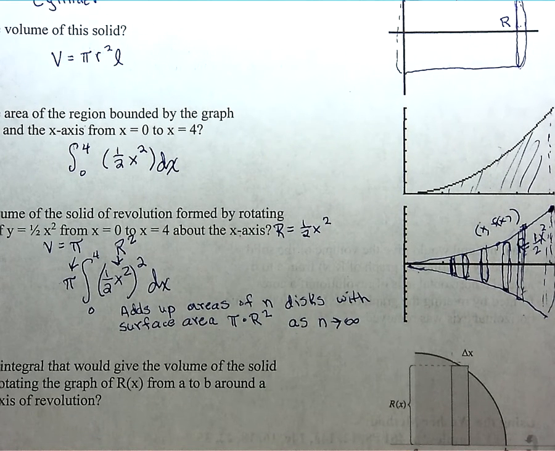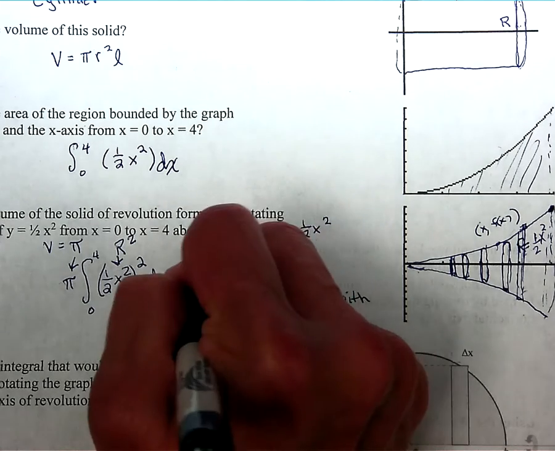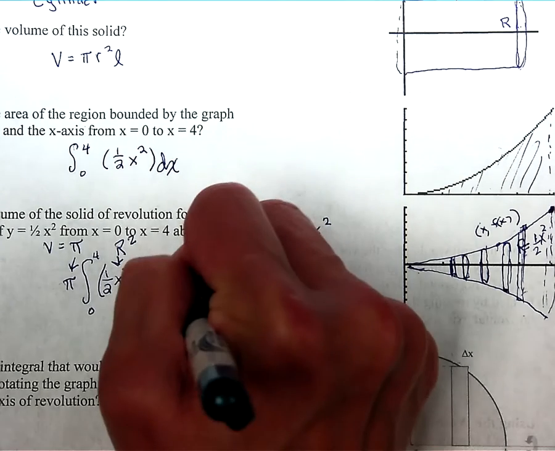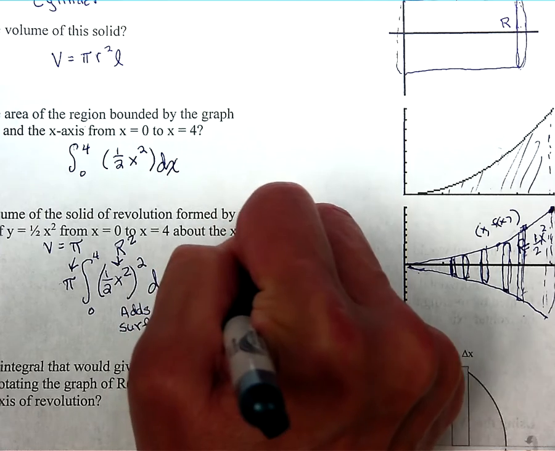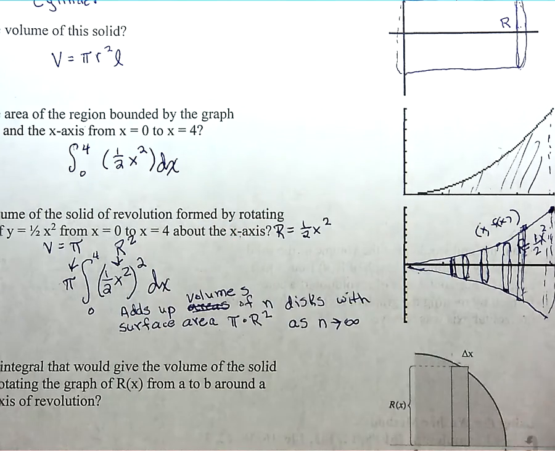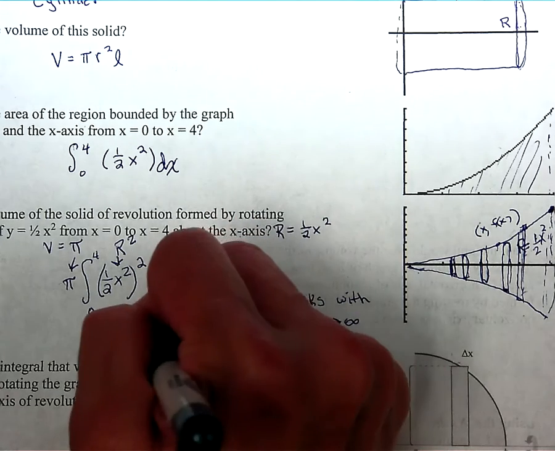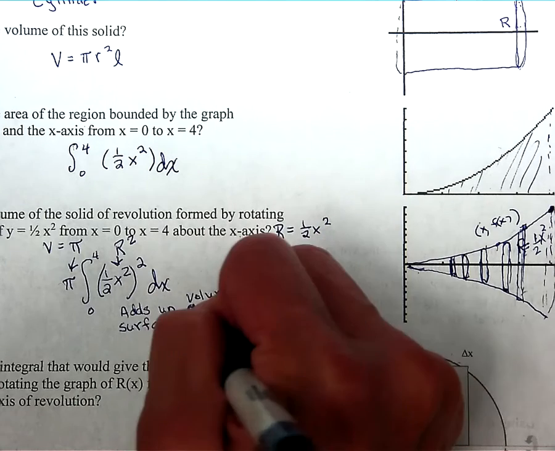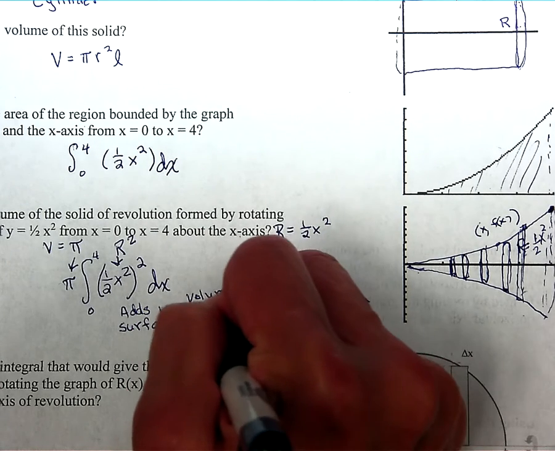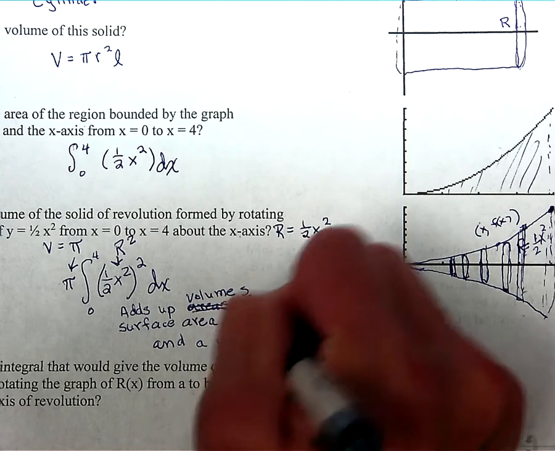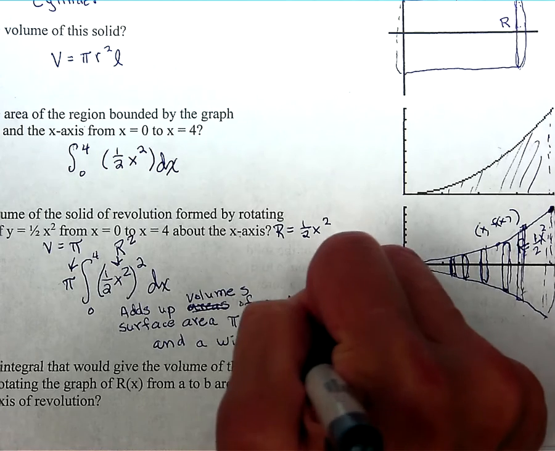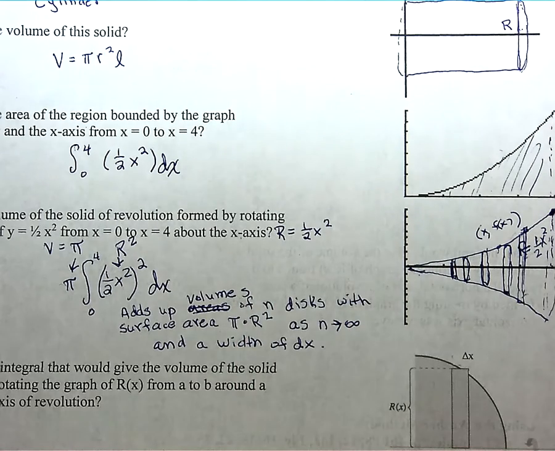I need to change these. It adds up the volume of n discs with a surface area of that and width of dx.